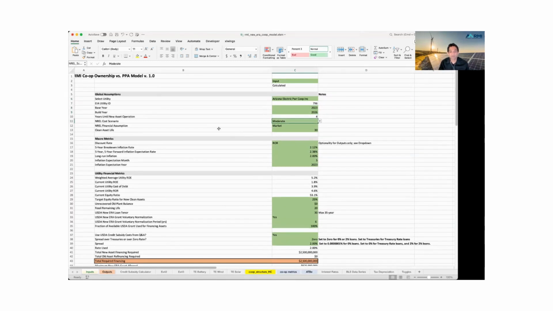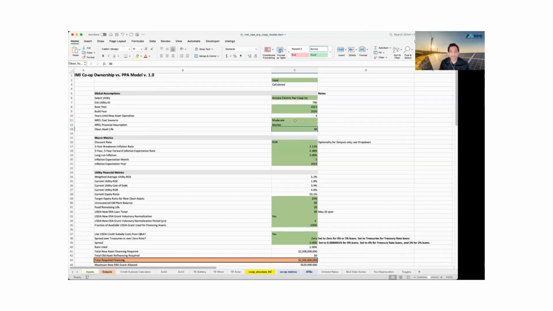In addition, the model incorporates NREL's forward-looking expected clean energy cost trajectory. And one can choose to use NREL's moderate, advanced, or conservative cost assumptions, and make a choice as to the life of the clean asset that is being modeled.